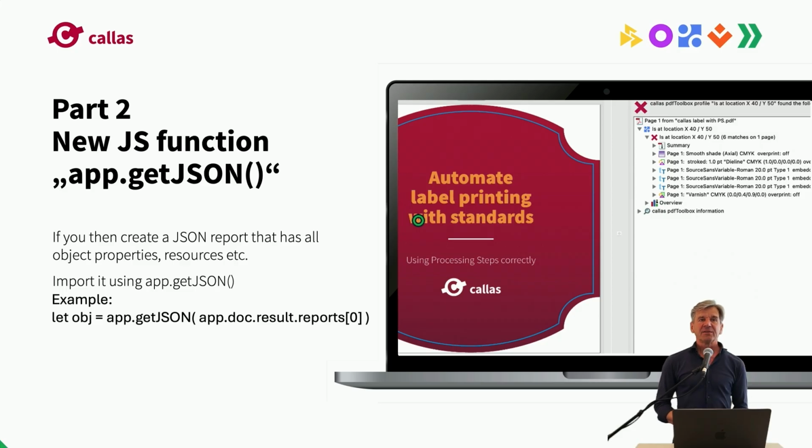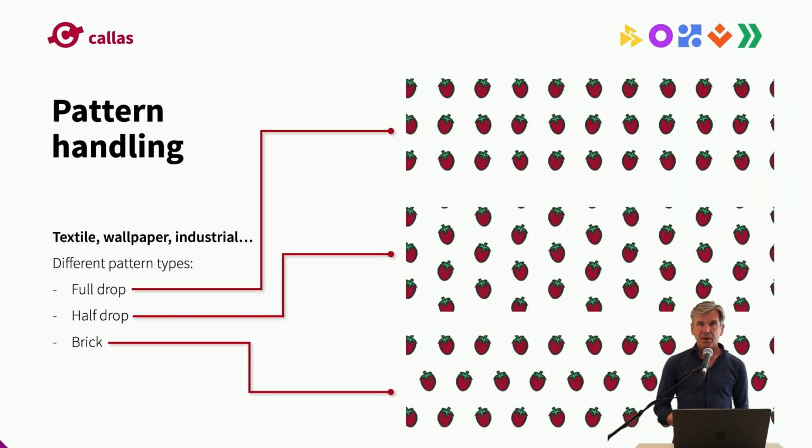So, and there is a shortcut, app get JSON. And this takes a parameter, and that is a path to the report that we've just created. And then this object that we've just specified here has all the information that we need and that was present in the JSON report that we've created. So, and that was it.